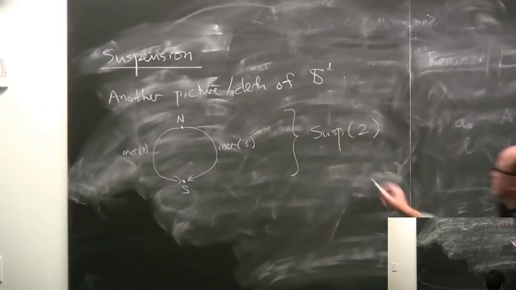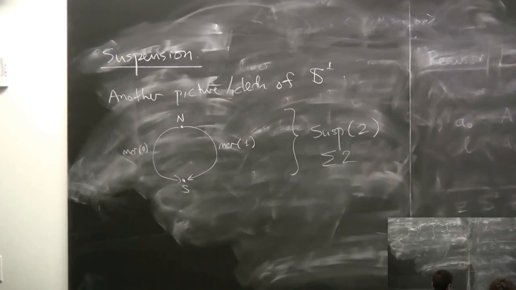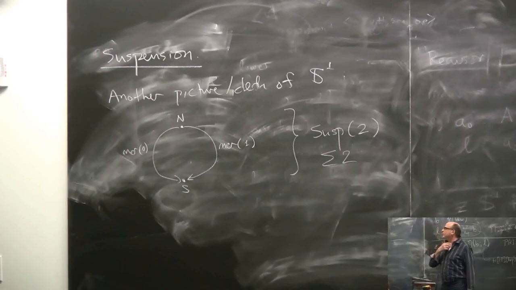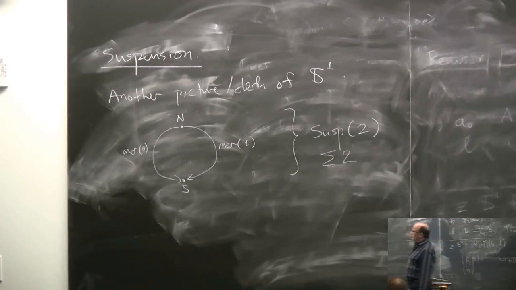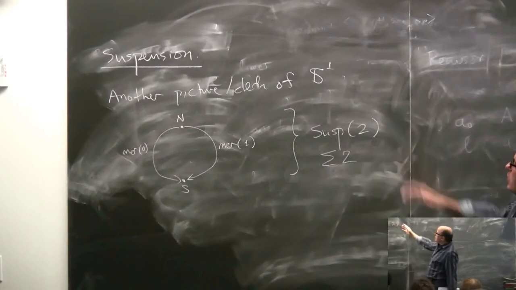Normally this is called sigma of 2, and that's perfectly fine as long as you're not using sigmas all the time for other things. So I'll call it susp of 2, and that will look ugly to people who like the other one. Sorry, anyway, we'll call that susp of 2.